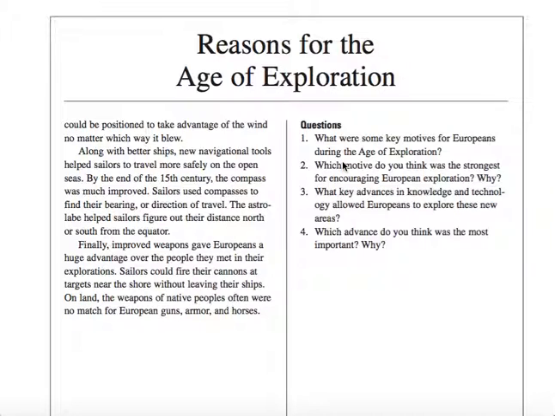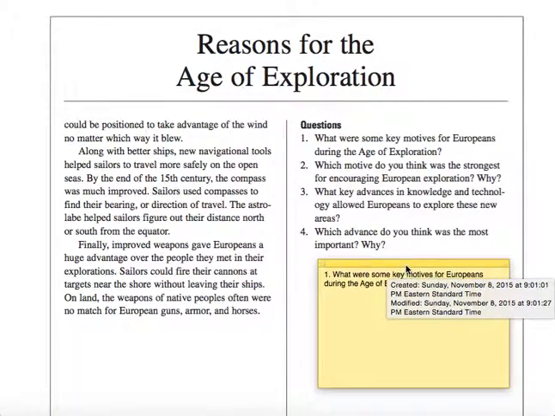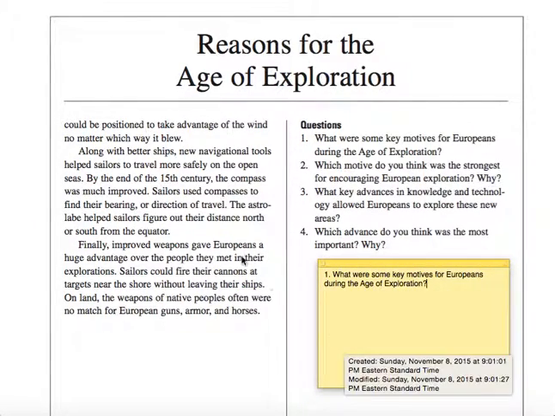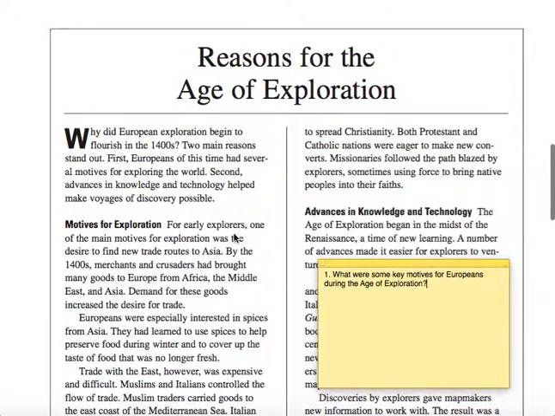So what were the reasons that the Europeans started to want to explore, start this Age of Exploration? So that is going to be my first reason for reading this text. I have a little sticky note here with that question that's going to help me remember why I'm reading this text.